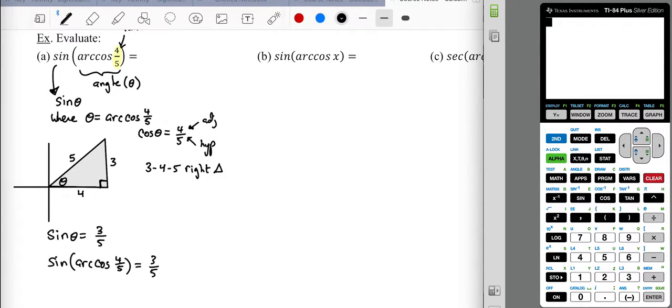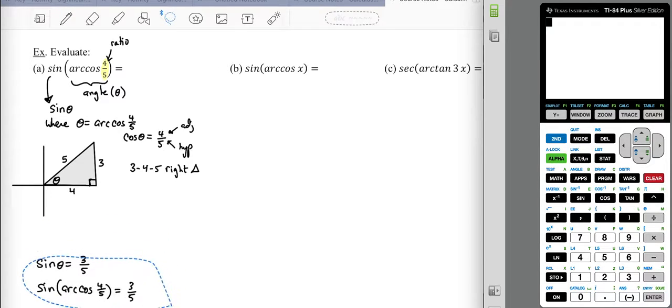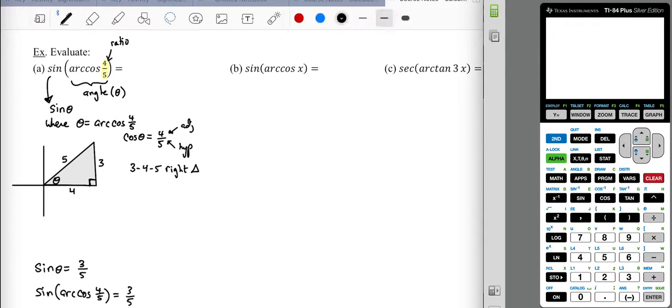Now, if it is a fourth quadrant situation, then we could end up with a negative value. Our cosine is a positive ratio, and ASTC tells us that it could be in the fourth quadrant as well. Adjacent over hypotenuse, 4/5.